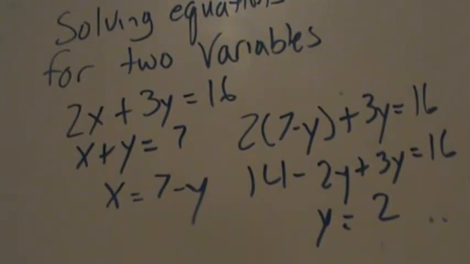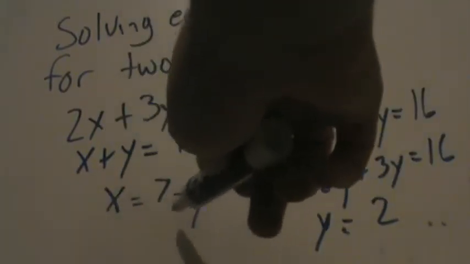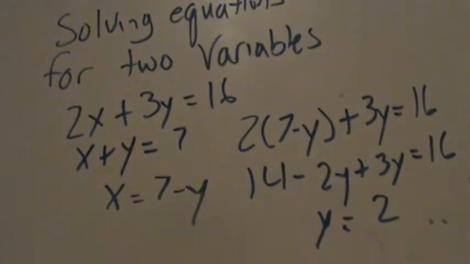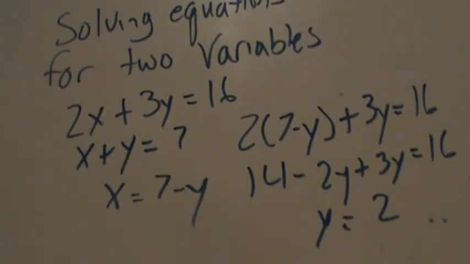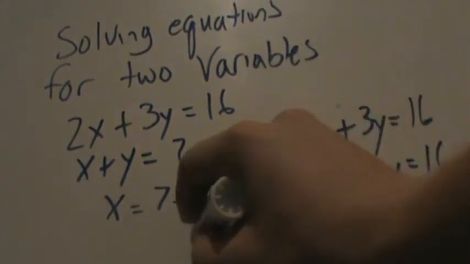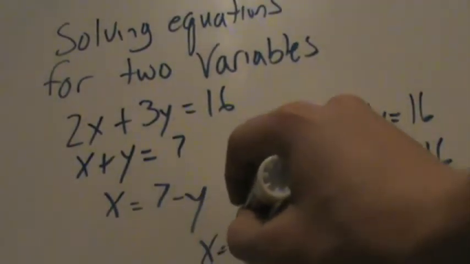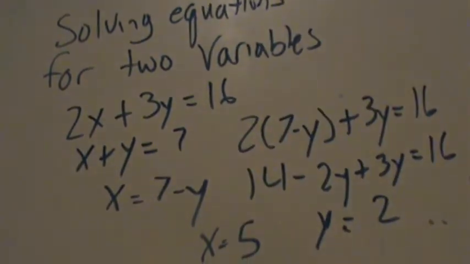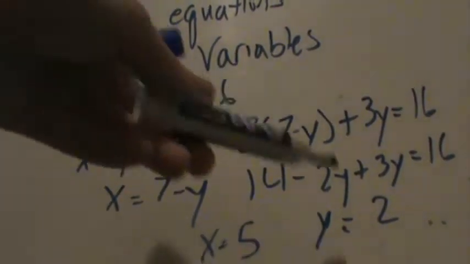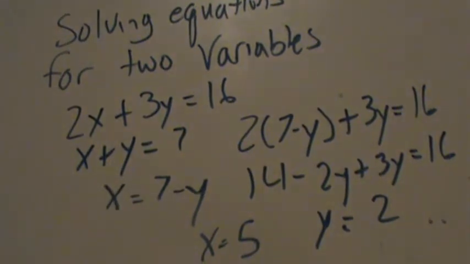From the expression x equals 7 minus y, x would have to equal 5, right? Because 7 minus y, with y being 2, is equal to 5.